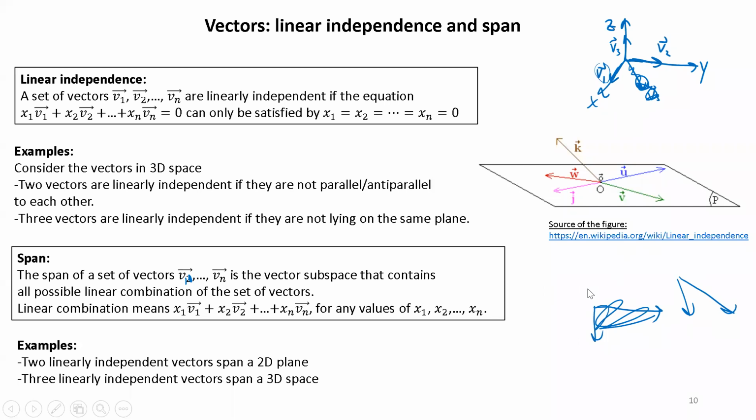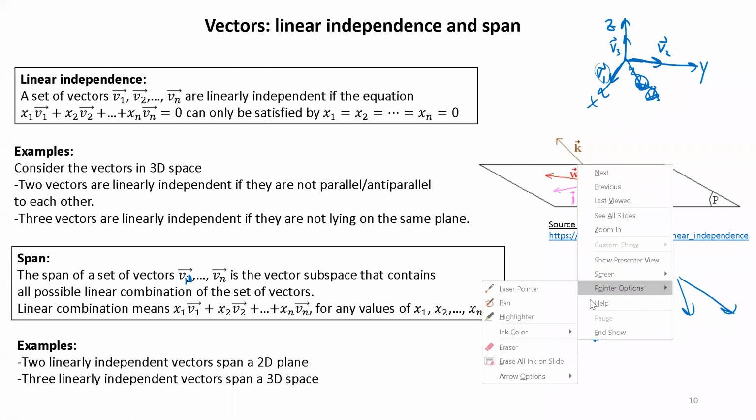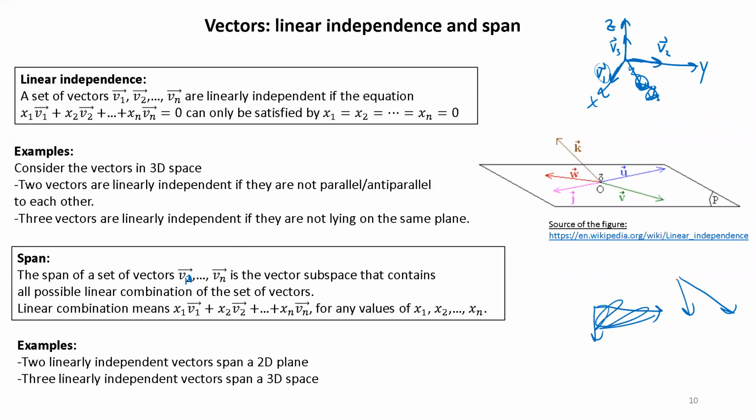Then any vector that you can think of in this plane can be expressed as a linear combination of V1 and V2. You can always scale V1 and scale V2 by some factor and then get to this vector here. Any vector on this plane can be done like this.